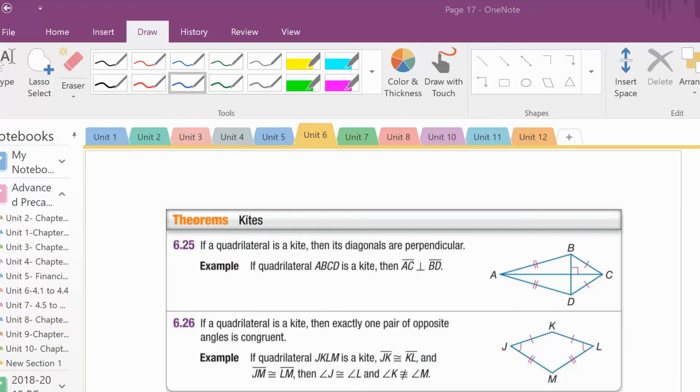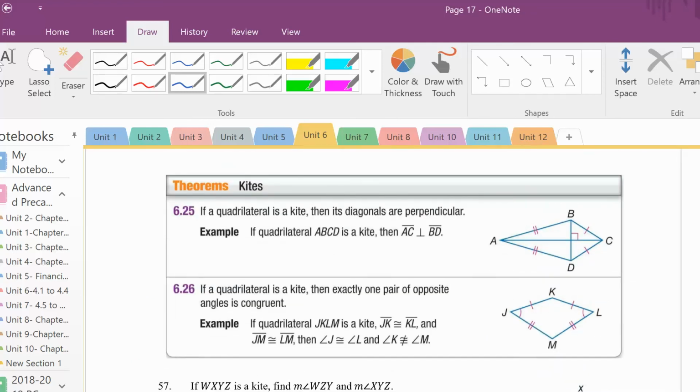All right, and then the last figure is a kite. So if a quadrilateral is a kite, a couple things happen. Number one, the diagonals are perpendicular in a kite. So you'll have 4 right angles here. And also, if a quadrilateral is a kite, then you have 1 pair of opposite angles that are congruent.